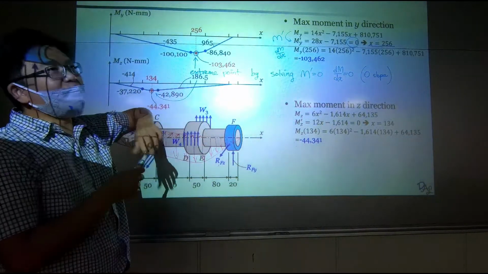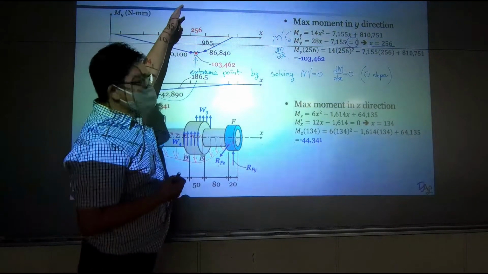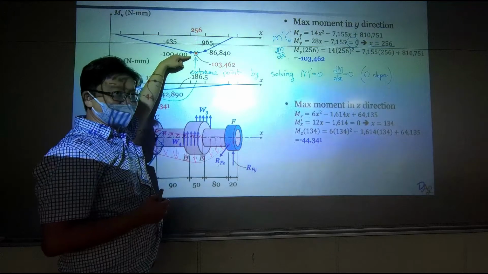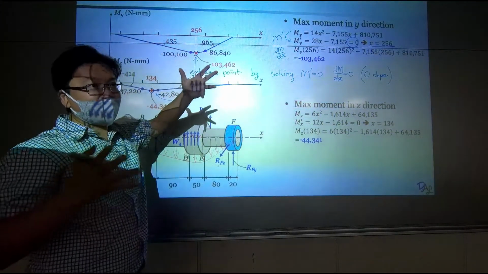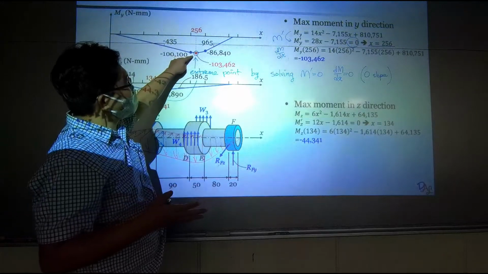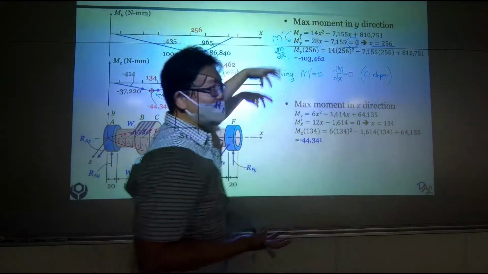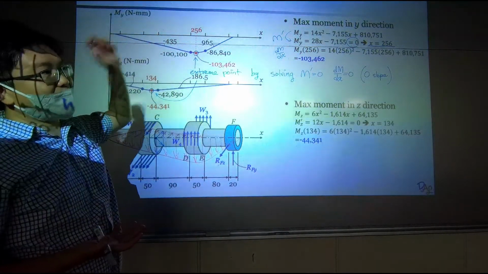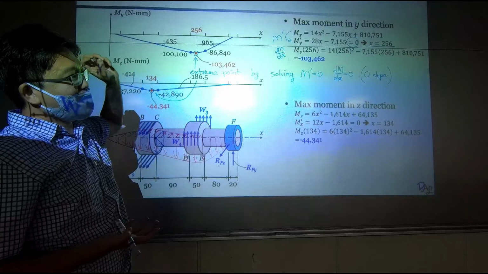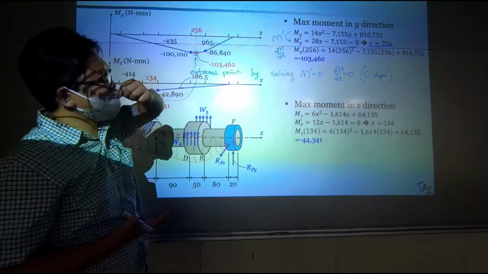But when we say minimum, it means value-wise it's the most negative, but amplitude-wise is the largest. Okay, so when I say maximum moment, it means I'm looking for the position that has the largest amplitude or magnitude of bending moment.